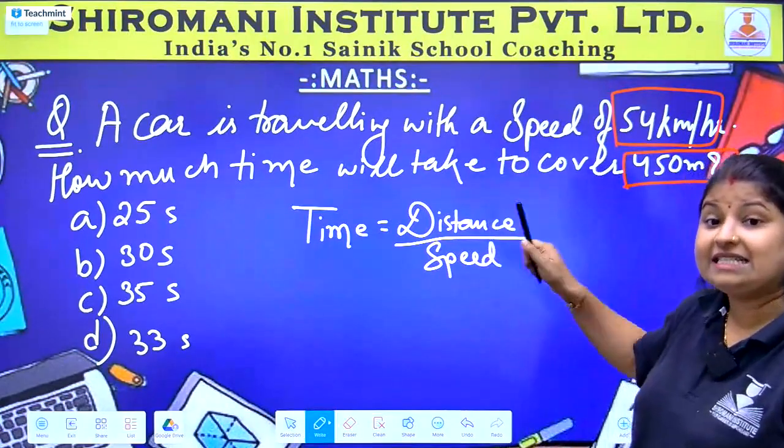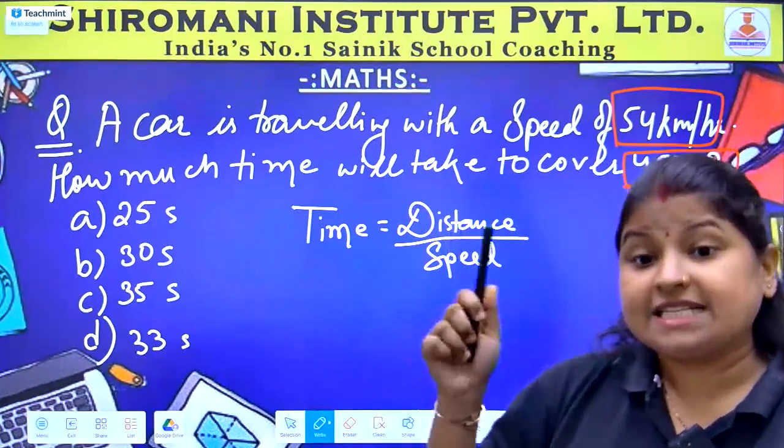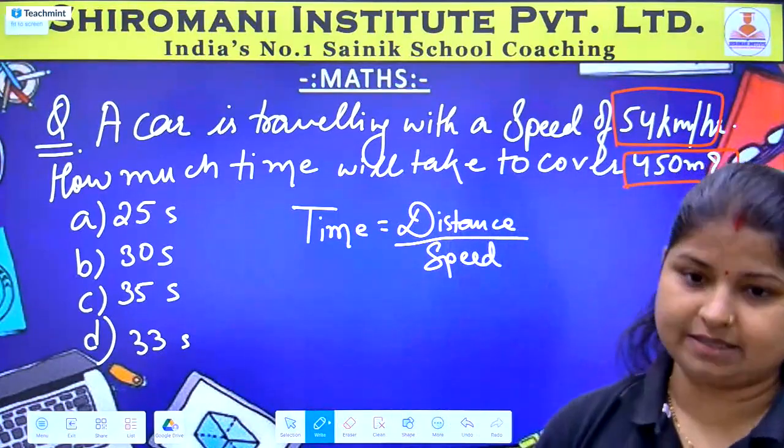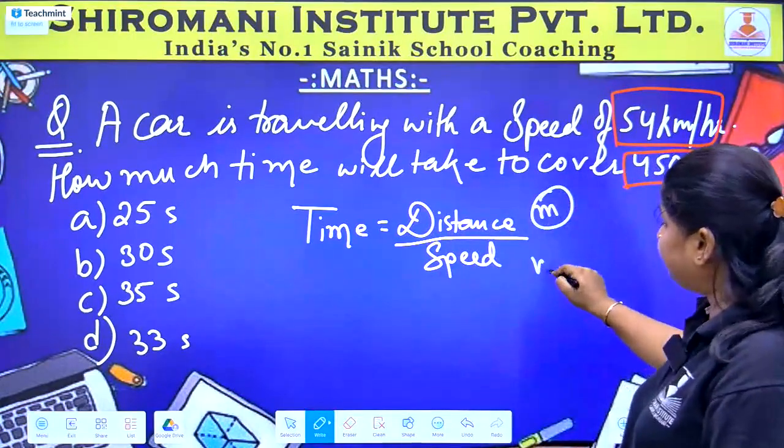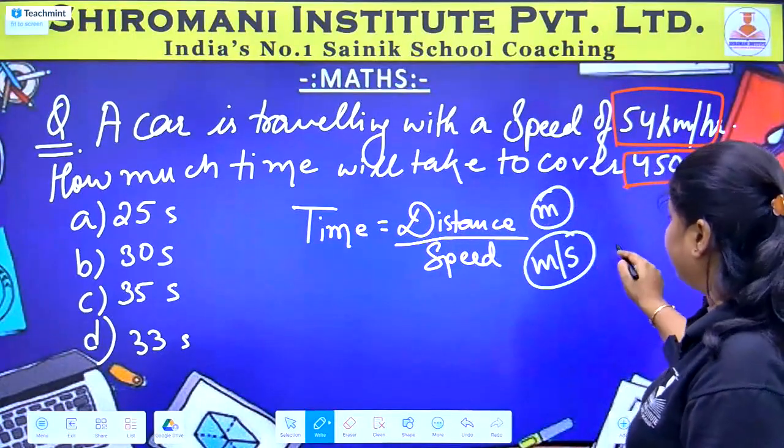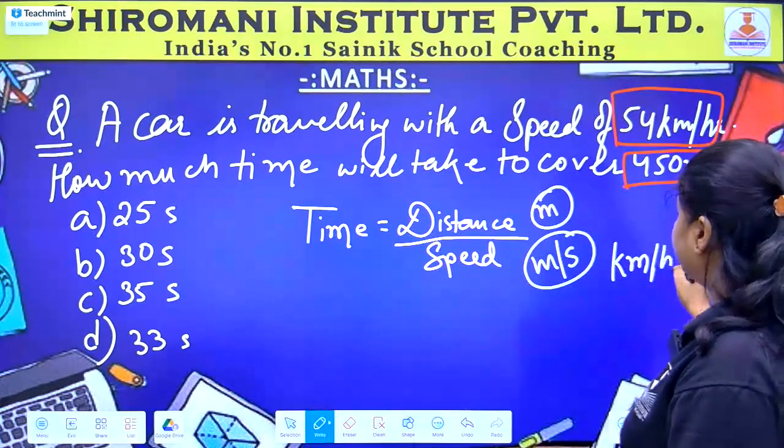If the distance is in meter, speed should be in meter per second. You cannot use kilometer per hour.